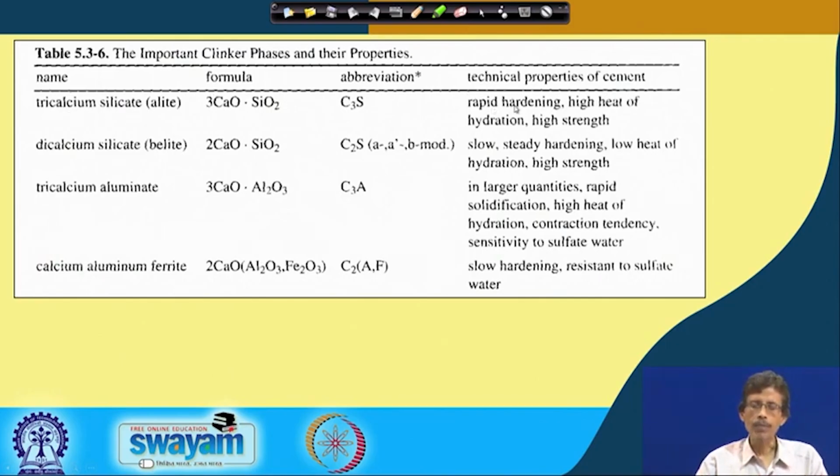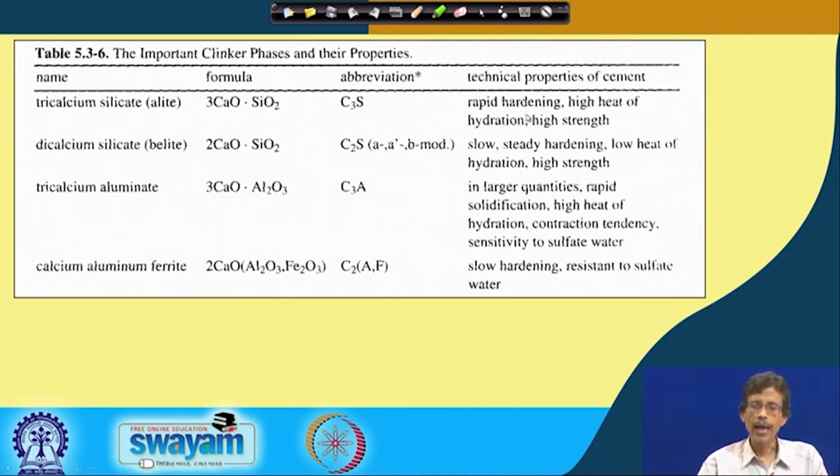And the technical properties, when you use only one of these components, because it's a good list of 4 materials, again taken from the corresponding book we every time refer. So the typical composition will have the different parts of tricalcium silicate, dicalcium silicate, tricalcium aluminate and the calcium aluminium ferrite. Sometimes we write it as aluminium ferrite or aluminoferrate.